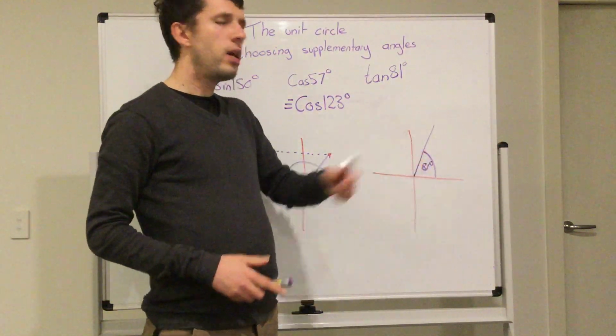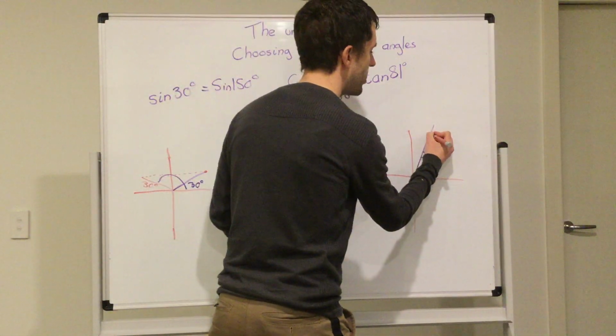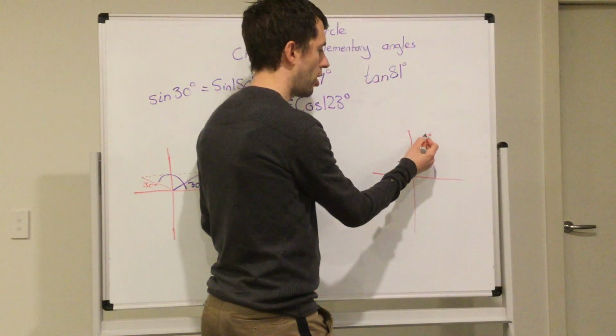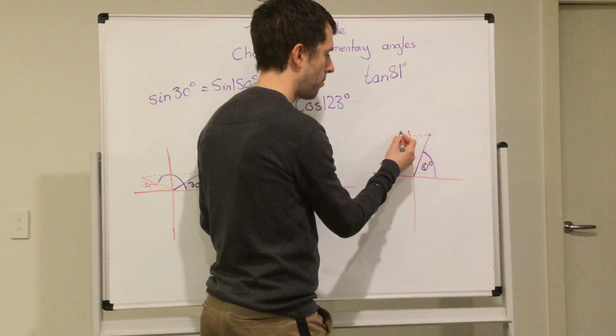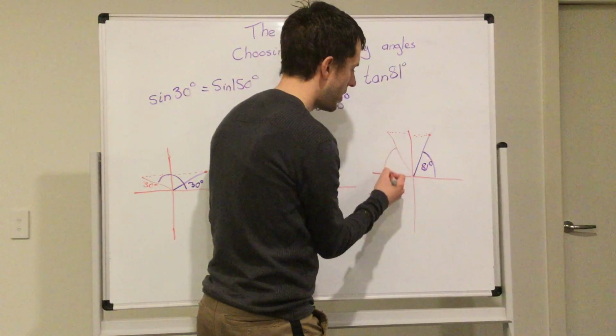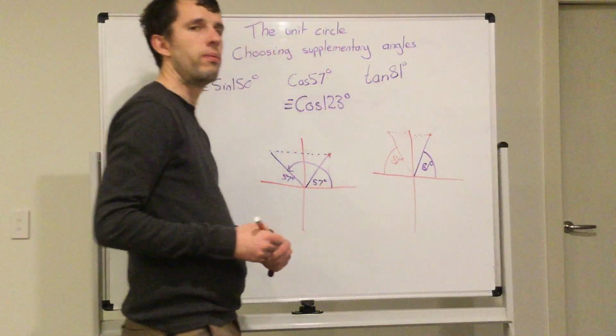So again, if I'm thinking about supplementary angles, if it hits the circle at this point here, I need to go across at that point and then draw my line down, because over here it's going to have 81 degrees as well.